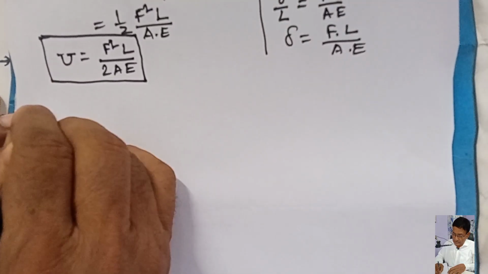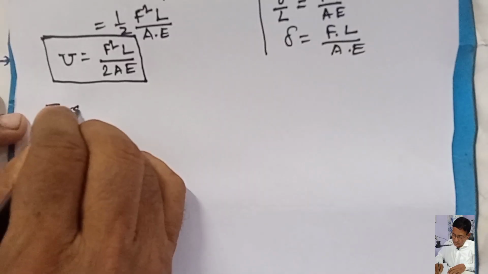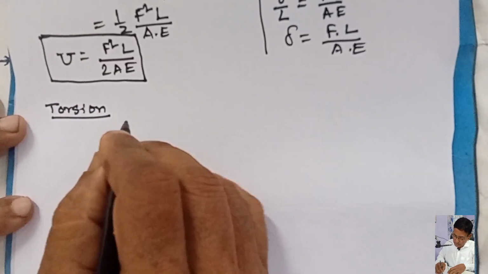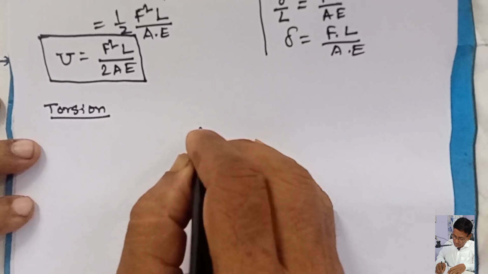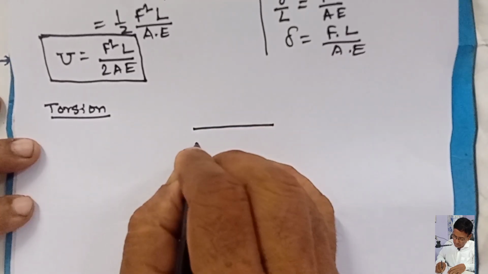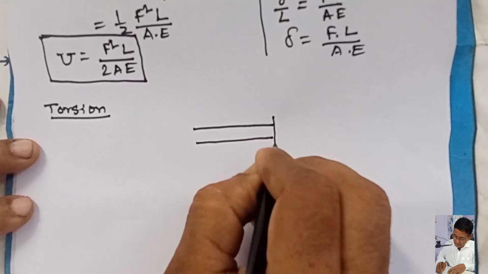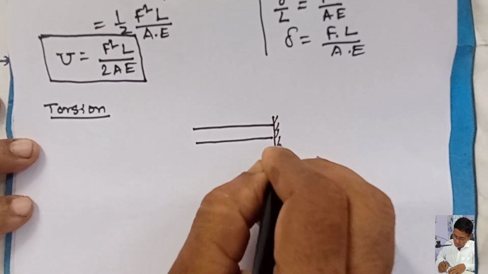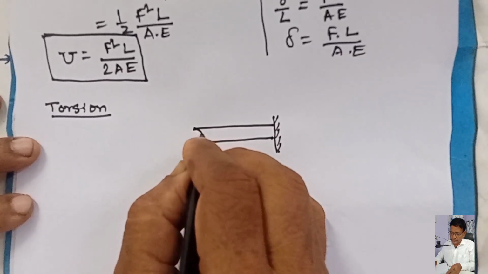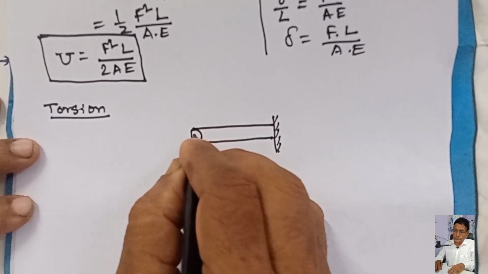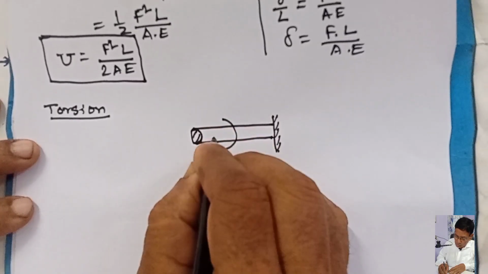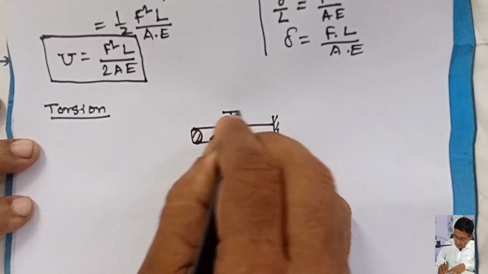Now in case of torsion, suppose there is a circular shaft which is subjected to torsion.